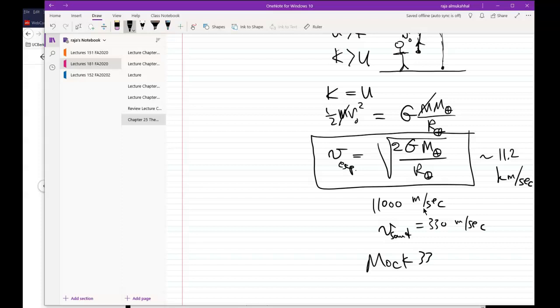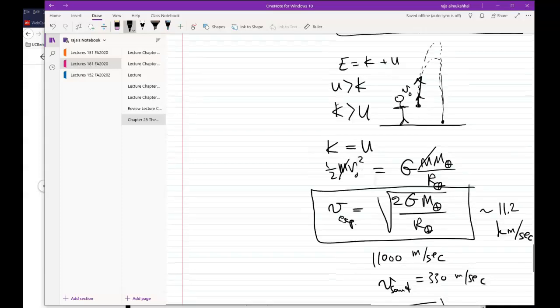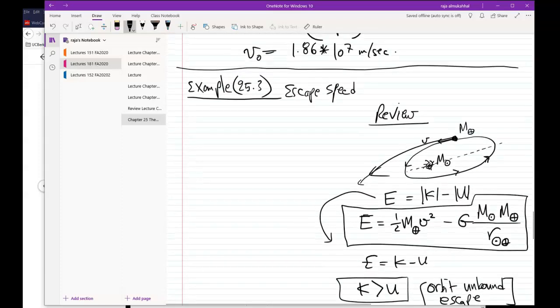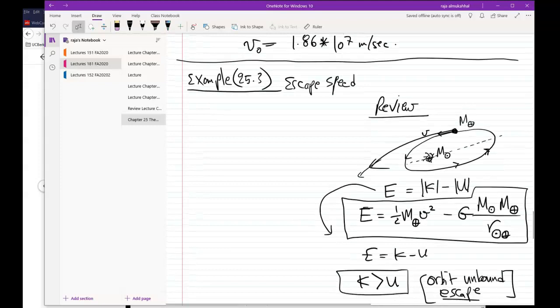So in other words, even if I have the most powerful bullet, a gun, and I shoot the bullet up in the air, it is bound to come back. So I have to shoot it with a minimum speed of Mach 33 to actually have it escape. Okay, all right, a long lecture about escape speed. Let's go back to our problem. I hope you're enjoying it.